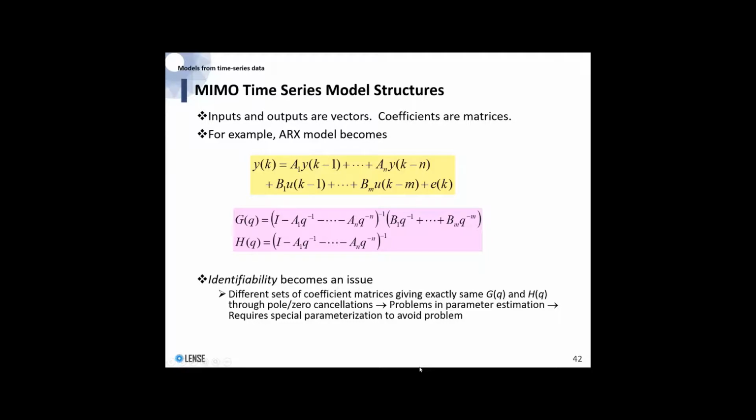Why? Because you could end up with what's called the loss of identifiability. What that means is there may be an infinite number of parameters that give you exactly the same thing. You have a singular estimation problem, essentially, and it can create all sorts of headaches in parameter estimation.